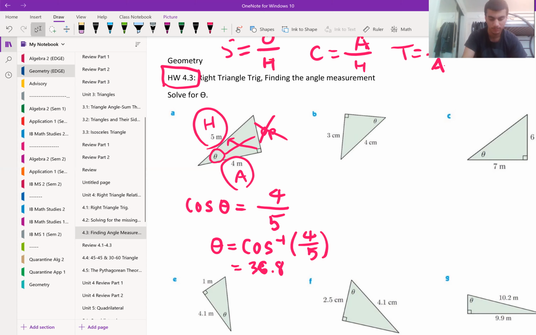Okay, very good. So let's get back. You go second and cosine, right? Yes. And then you do 4 divided by 5 and close the parentheses and press enter, and you don't get 36. I still get 0.6.